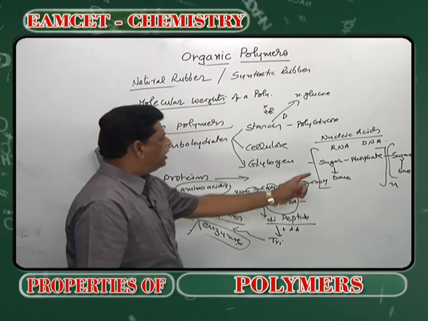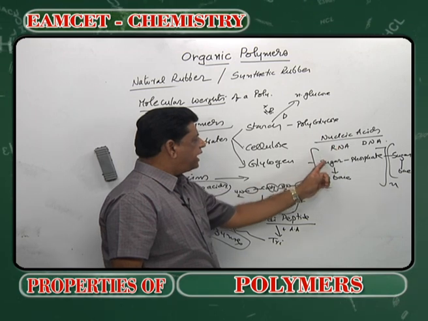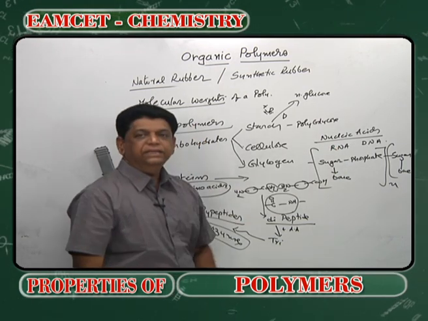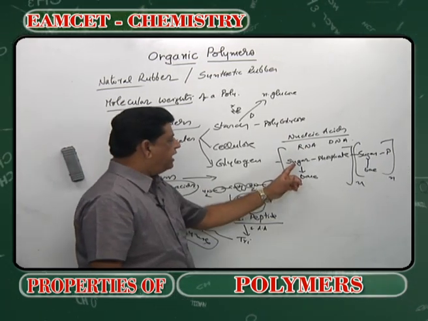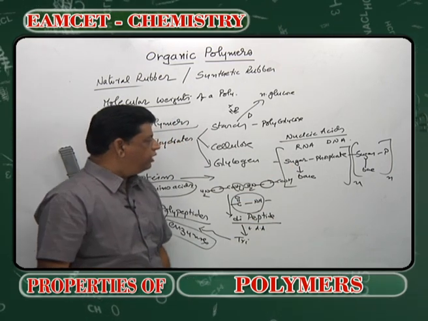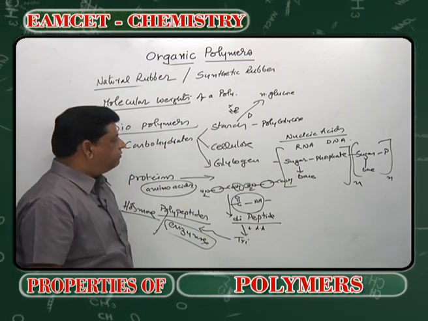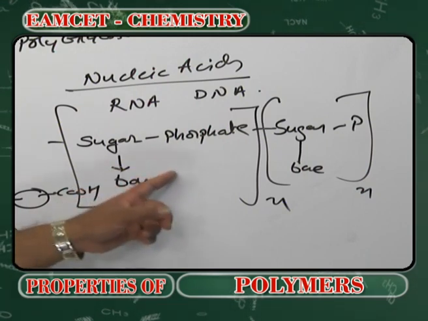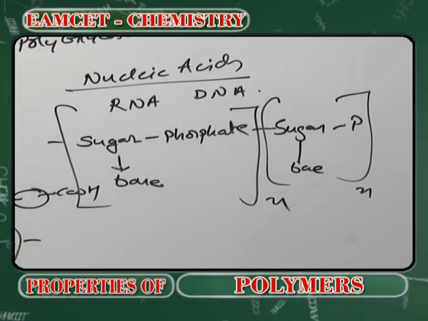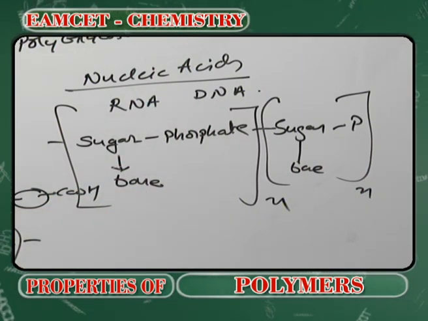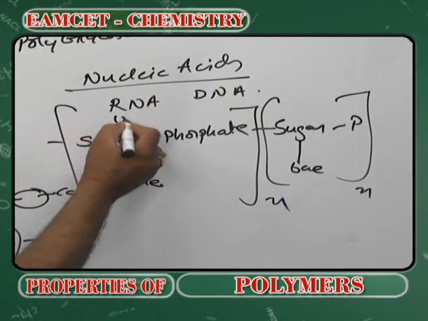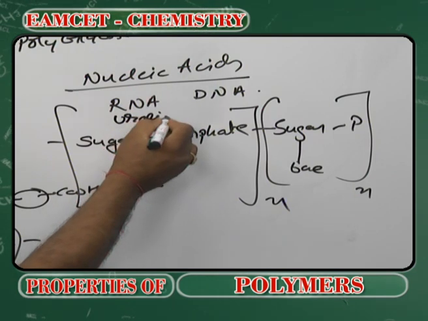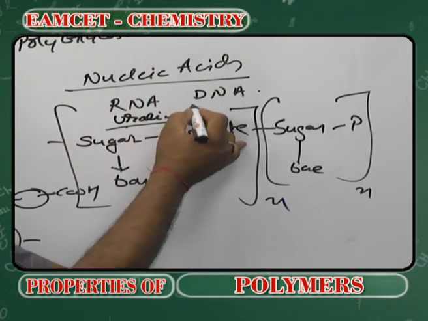And what type of sugar is used? If ribose is used, we call it RNA. If deoxyribose is used, it is called DNA. In DNA, the bases also are of two different types, pyrimidines and purines. In RNA it is uracil, and in DNA it is thymine.